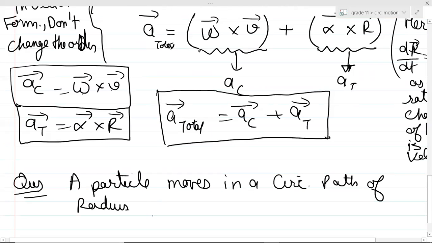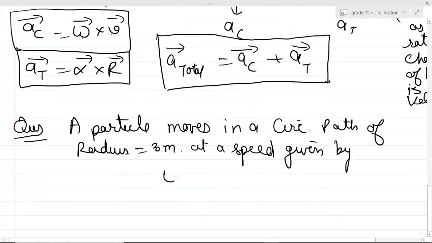Radius equal to 3 meters, at a speed given that v is equal to 3t square meter per second.